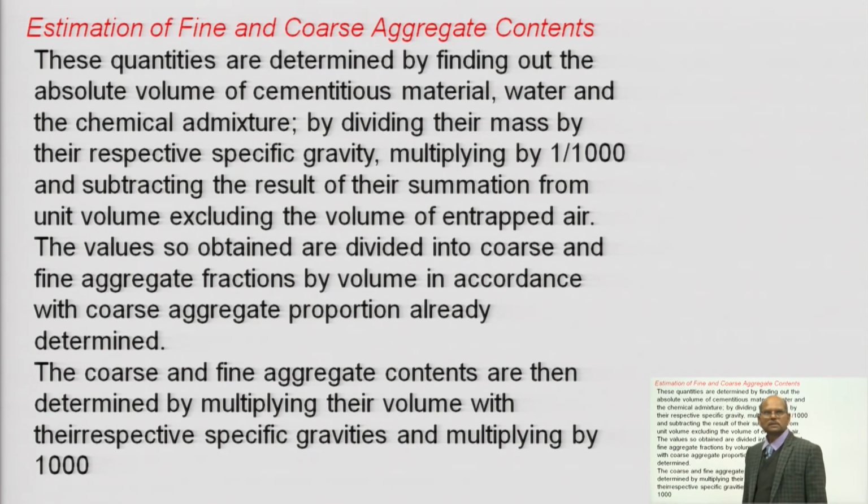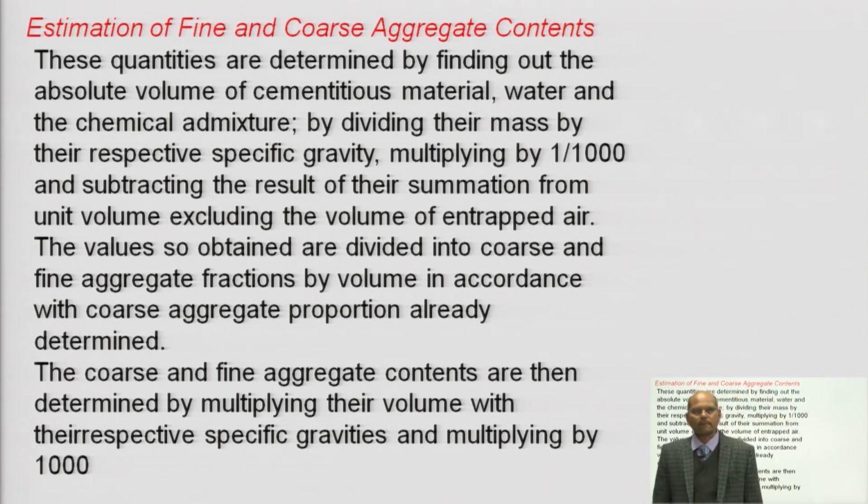Once you know what was the first step, based on the water cement ratio and the water requirement, we have calculated the amount of cement. Okay. So, cement plus cementitious material, that we have already achieved. So, based on that now we want to find out what should be the fine and coarse aggregate content.